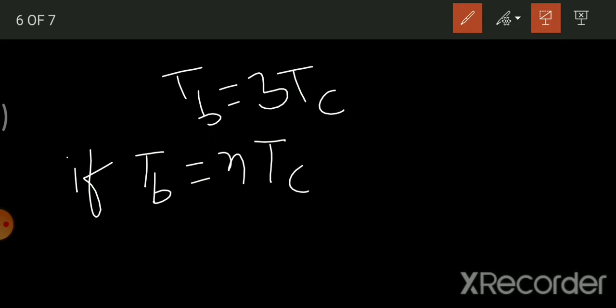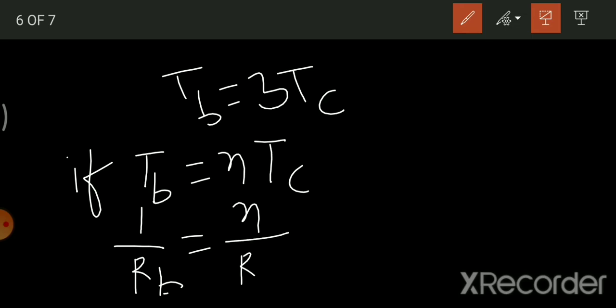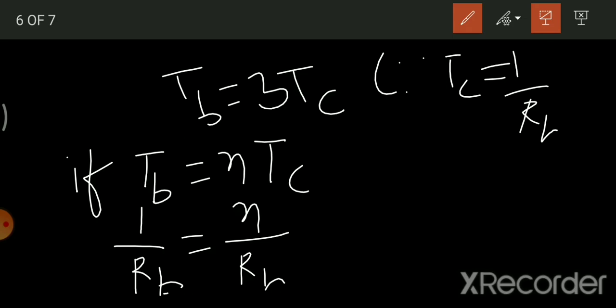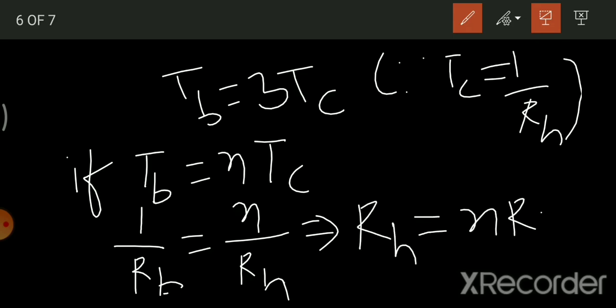TB is 1 by RB, in terms of bit rate, so n by RH. Since TC is equal to 1 by RH, where RH is the hopping rate and TC is the chip interval, RH is equal to n times RB.